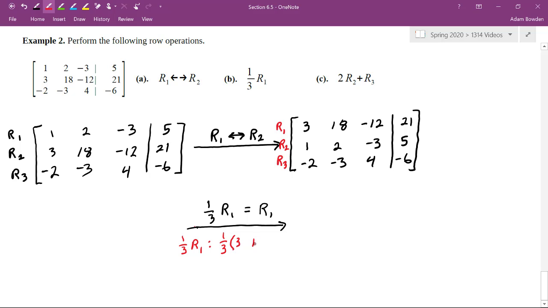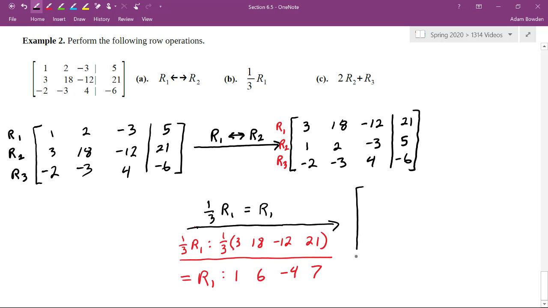So 3, 18, -12, and 21 are the numbers in row 1, and I'm going to multiply them all by 1/3. And that's going to equal my new row 1, which is 1, 6, -4, and 7.